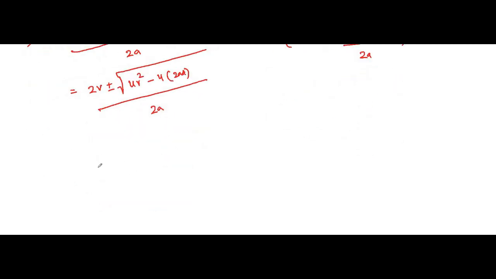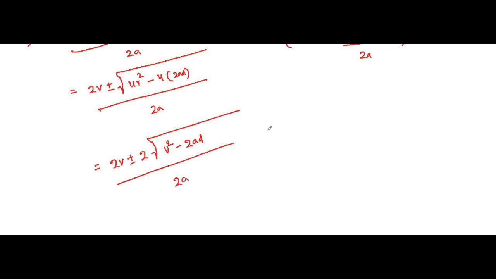That implies if we bring the 4 outside, it will be 2v plus minus 2 into root over of 2v whole square, this will be v square, minus 2ad by 2a.